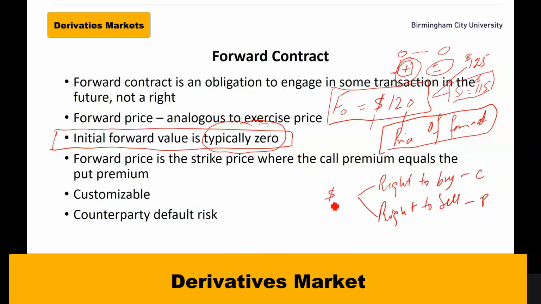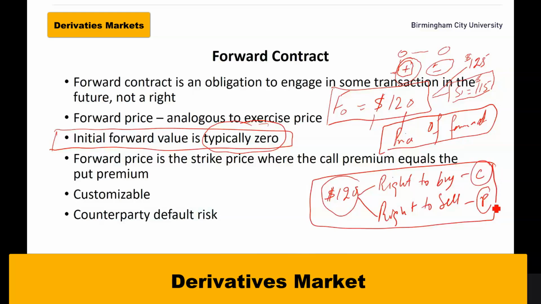Let's suppose the exercise price for both is 120. They will not be selling at the same price. Even though the exercise price is 120, the call price and the put price will not be the same. Generally speaking, the call price may be higher than the put price.